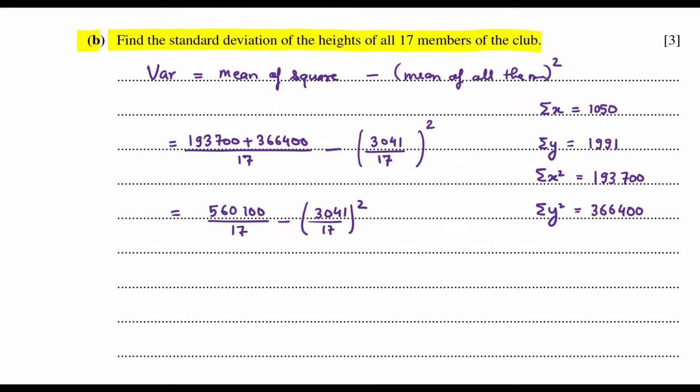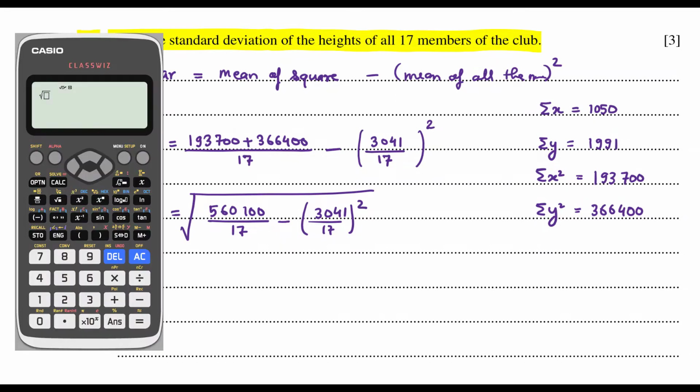So this is going to be the variance, and for standard deviation, SD is going to be the square root of all this. So let's use the calculator directly to give the answer. Square root of 560,100 divided by 17 minus the square of 3041 divided by 17.